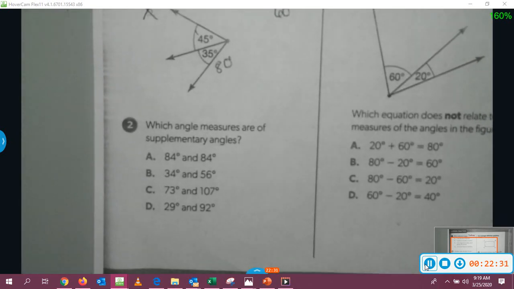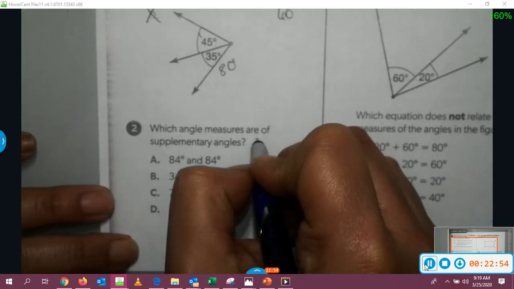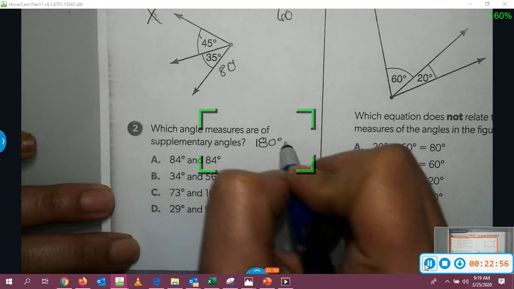Which angle measures are of supplementary angles? So you have to go back to the supplementary angle definition. The definition for supplementary angles is two angles that measure 180 degrees. So we're looking for two angles that measure 180 degrees.